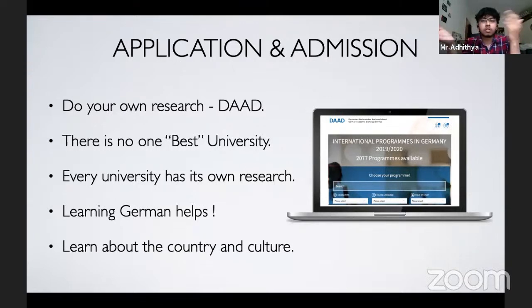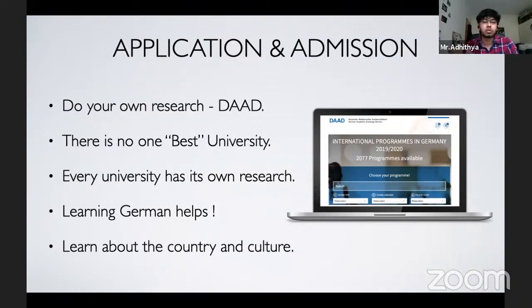If you are interested in masters in Germany, then you could always visit the website of DAAD. You can just Google it, and they have the international master's program options where you can filter what area of field you want to study. Or if you don't know, you could just search biomedical engineering, and all the universities which provide this course will appear on the website.